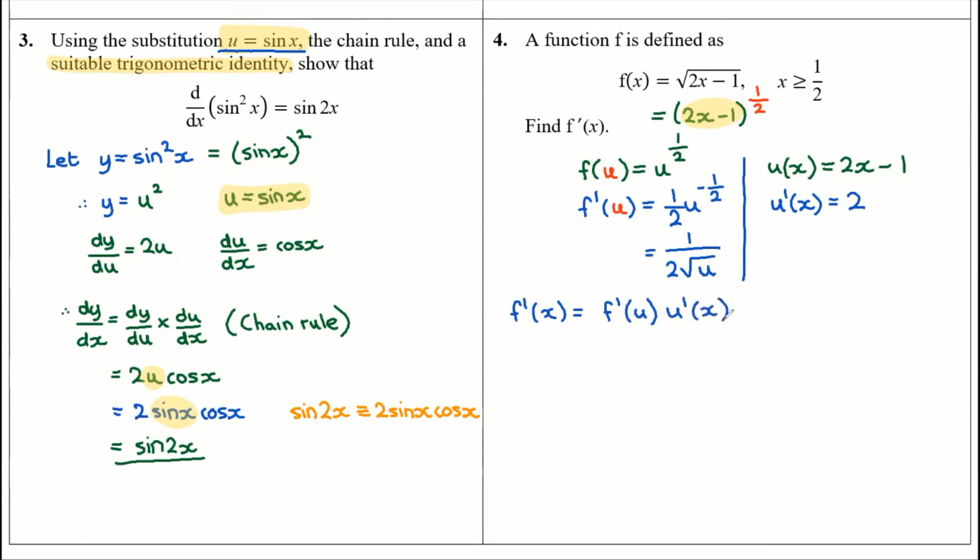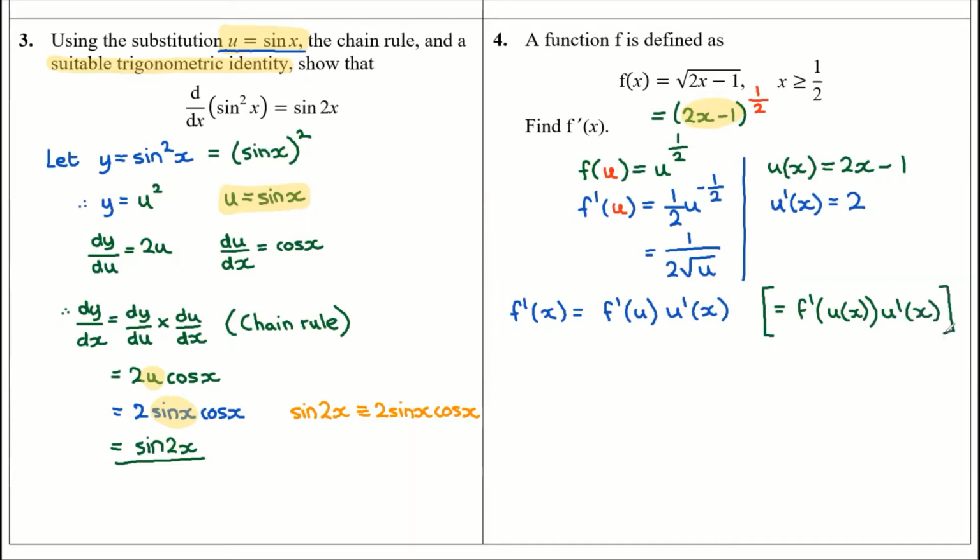Okay, but the definition is, if you'll remember, I'll just write it down here. So this is equal to f dash, okay, now it's u of x like that multiplied by u dash x.